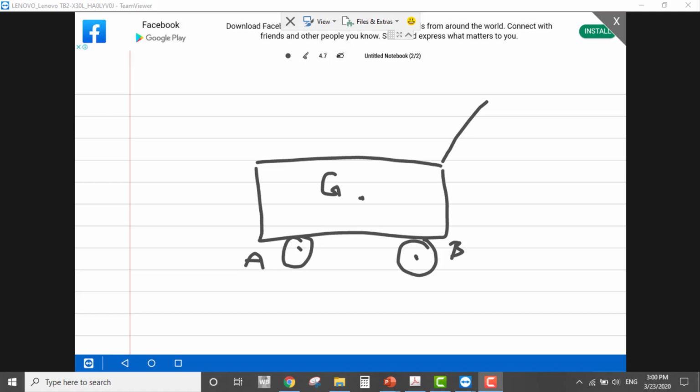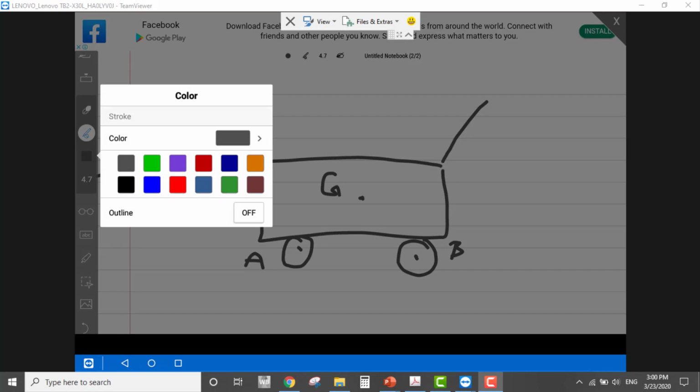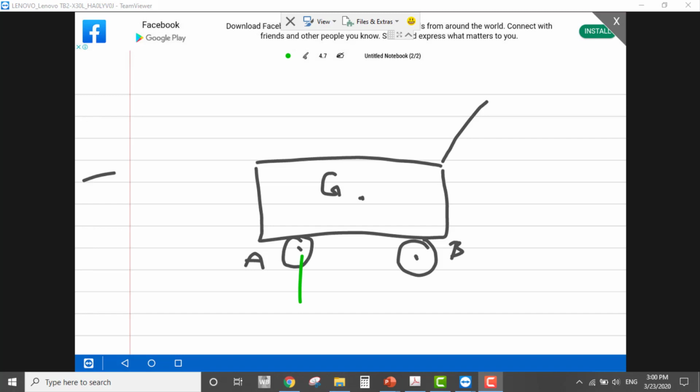Then let me first start with drawing the external forces, and I will use the green color. So here is the normal reaction at A, and here we have the normal reaction at B, and we have the centroid. We have the weight passing through the centroid.